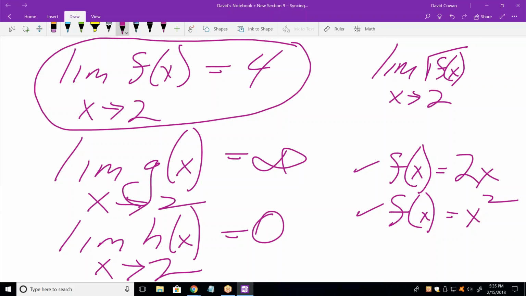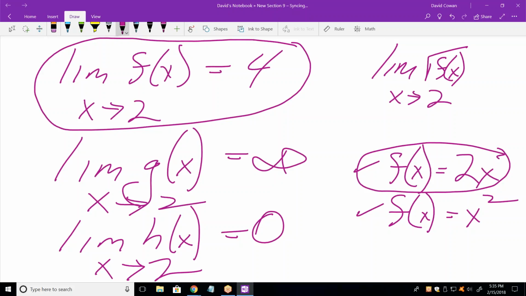Hold on for a moment. Let me think about that for a second. No, it couldn't. In other words, if this was f of x, as x approaches 2 from the left, the limit would be minus 4.